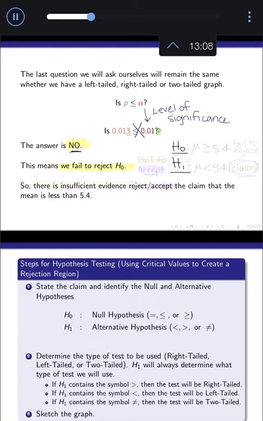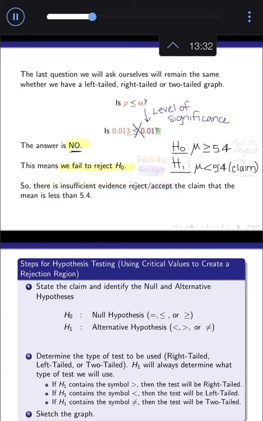Our H1 was that our mean was less than 5.4. That was our claim. And that means our null hypothesis was mu was greater than or equal to 5.4.